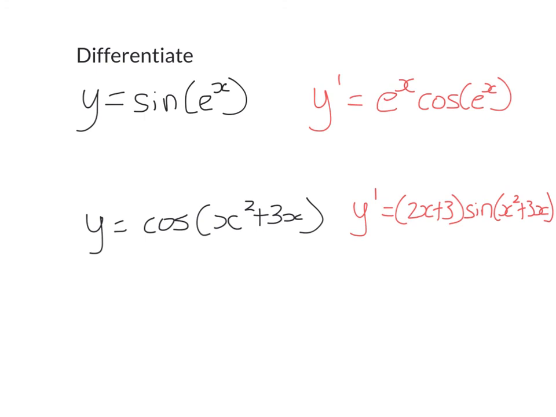And that is, remember, the derivative of cos x was minus sine x. So when you've got a cos, you also need to put a minus out the front. We didn't do that up here. The derivative of sine x is cos x, no minus. That's why we didn't do it here, but we need to do it down here. So my final answer is minus (2x plus 3) times sine of x squared plus 3x.